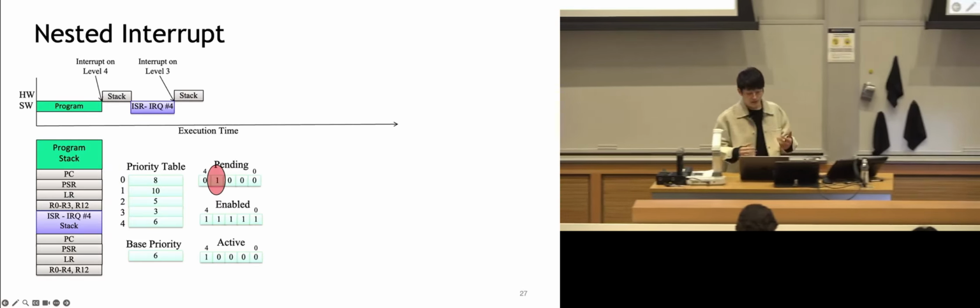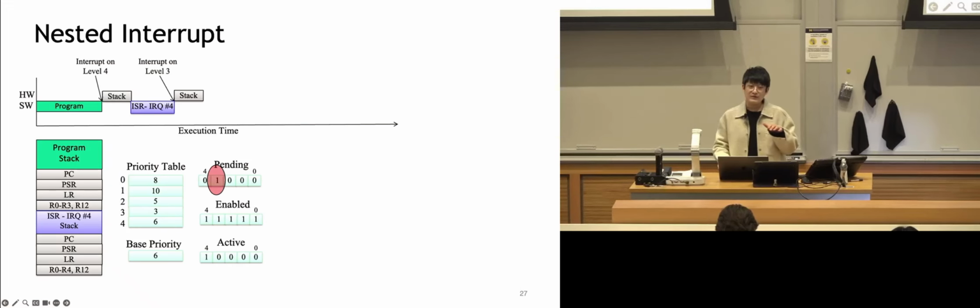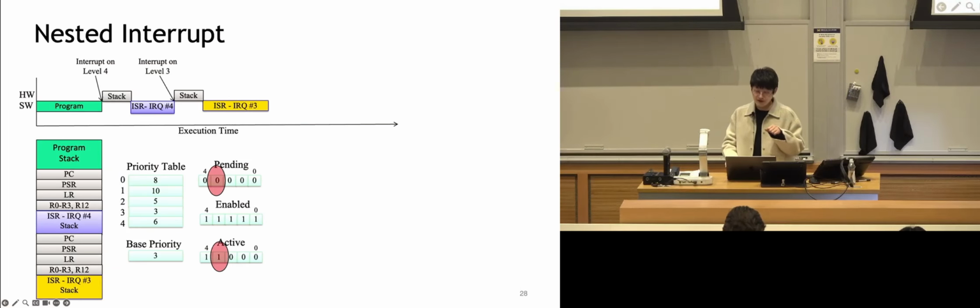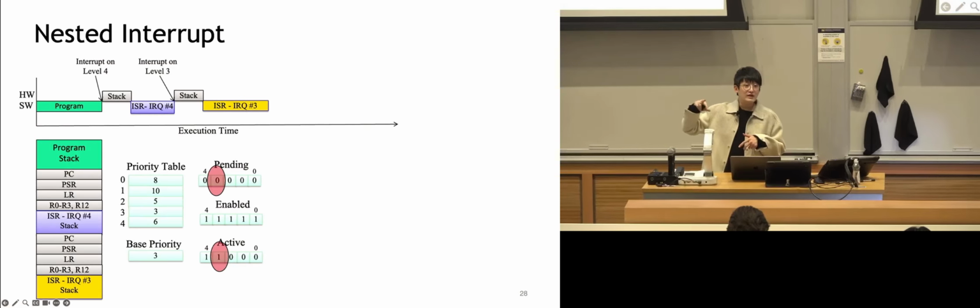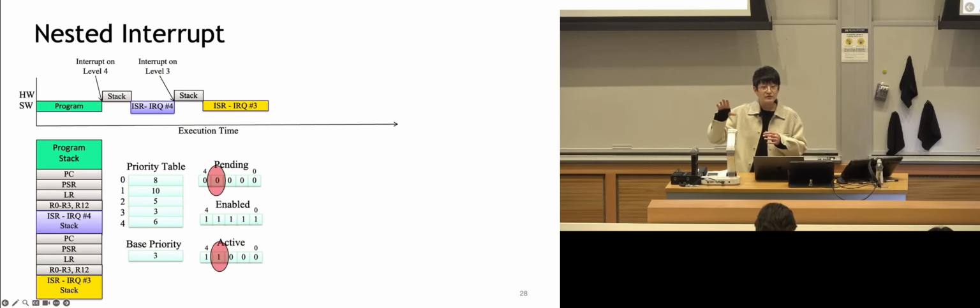So that will preempt the current interrupt handler function and do another stacking. So on the stack, you will have two sets of values from the same group of registers that are supposed to go onto the stack during interrupts.